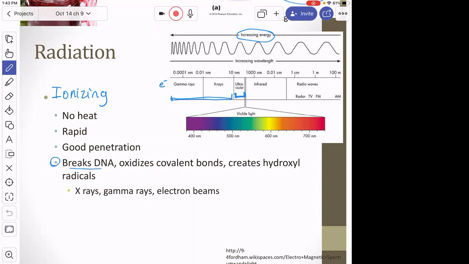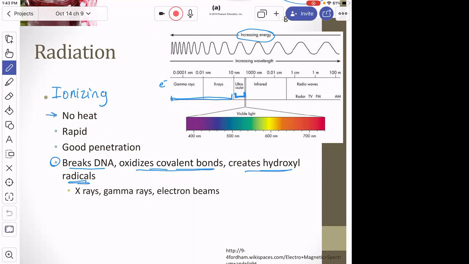We talked about how it can break the DNA. It can break covalent bonds, and there are lots of covalent bonds, not only in DNA, but proteins in a cell. It could actually create hydroxyl radicals, which we talked about, a toxic form of oxygen that's going to pull electrons off of molecules. So it just does a lot of different kinds of damage to a cell.